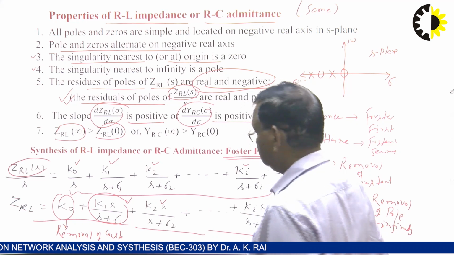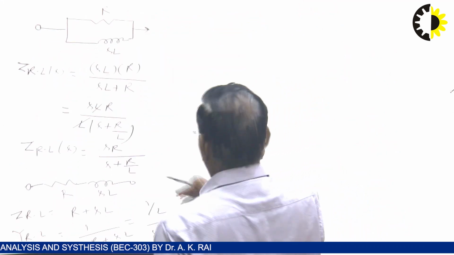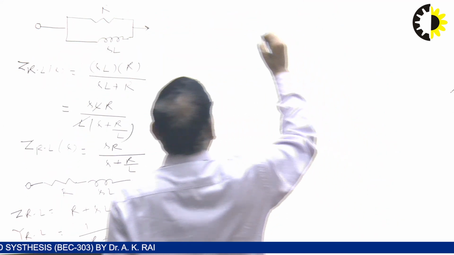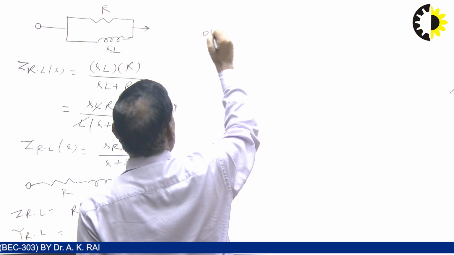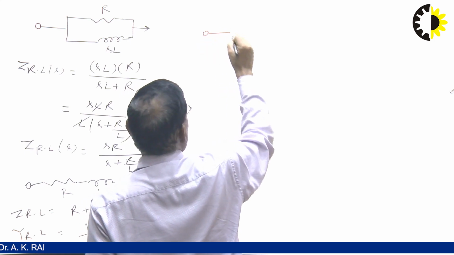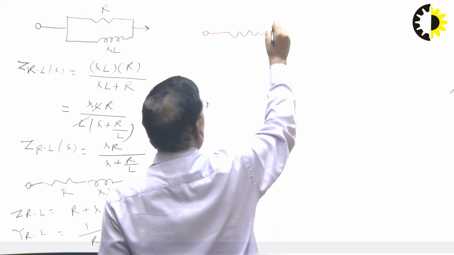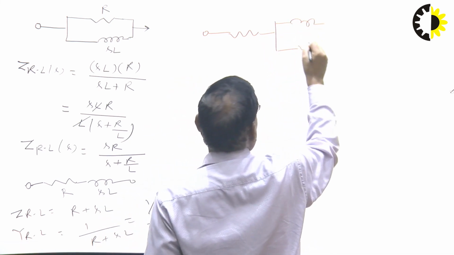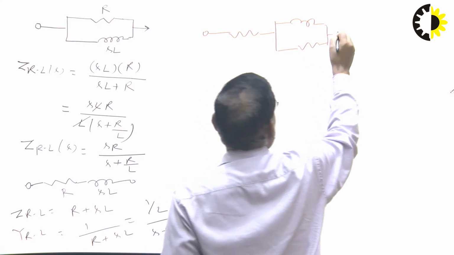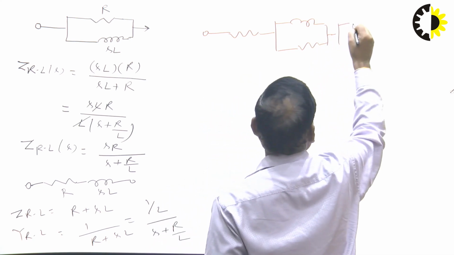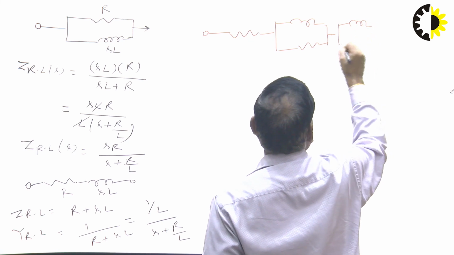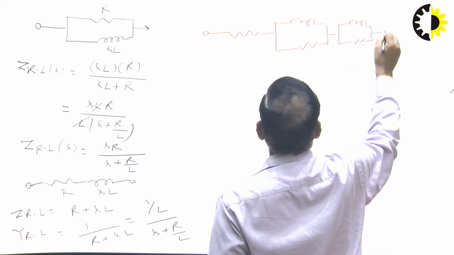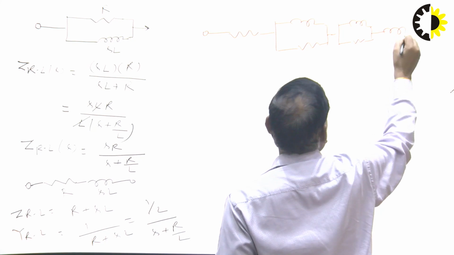Okay. Now how will we get this? We know that if you are going for the Foster first, the general representation of Foster first is like this.